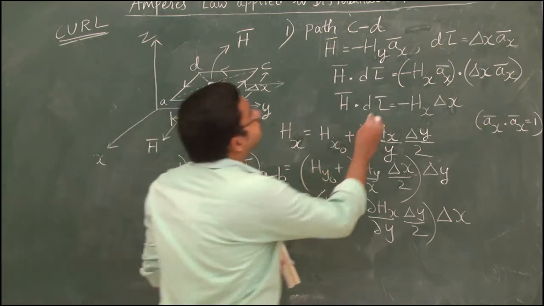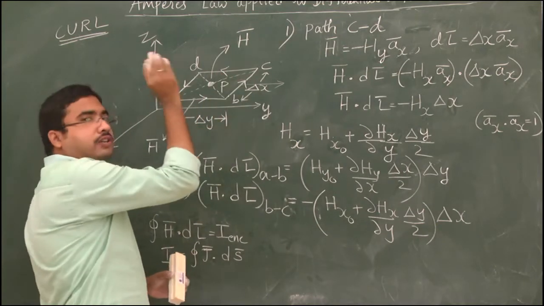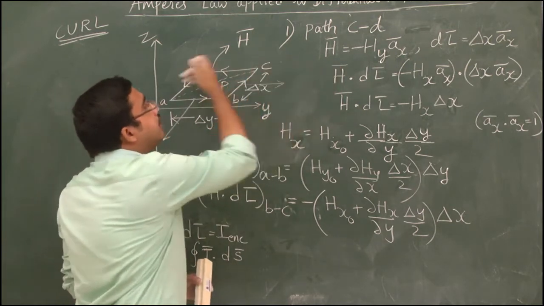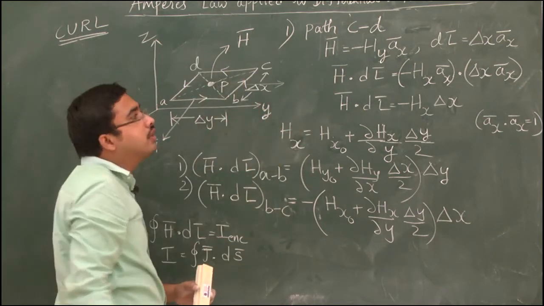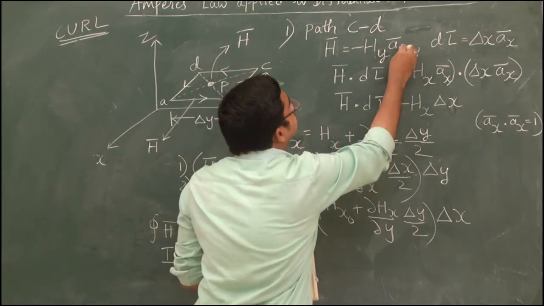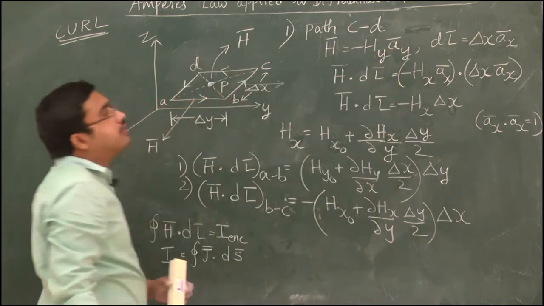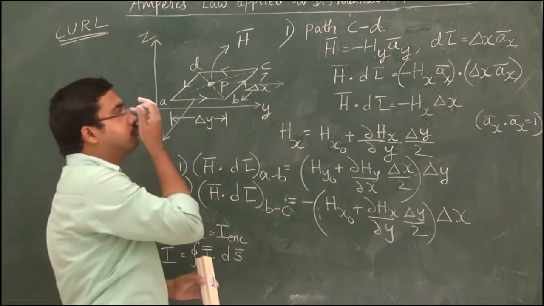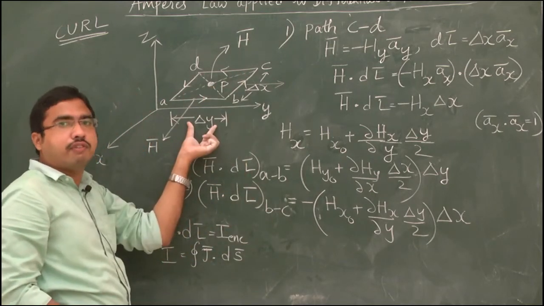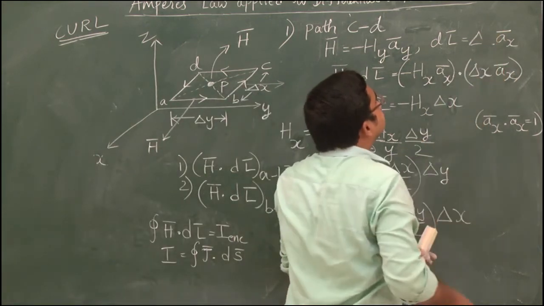Hy is the expression for magnetic field intensity H on this side CD. As it is going opposite to the y axis, you should take minus ay. Minus Hy into ay. And what is the differential length? The differential length is delta y.